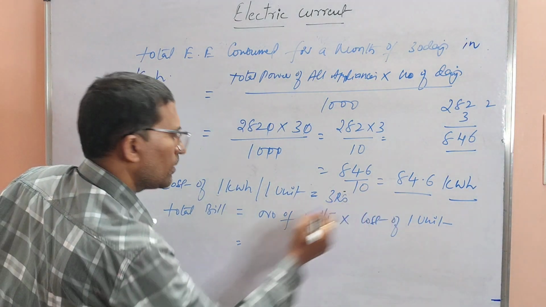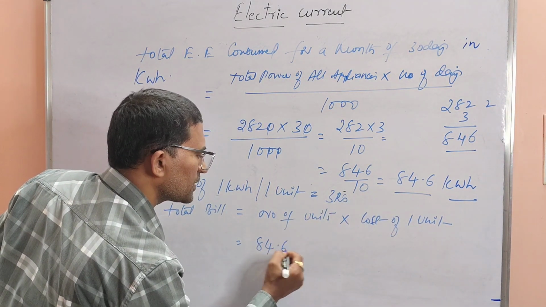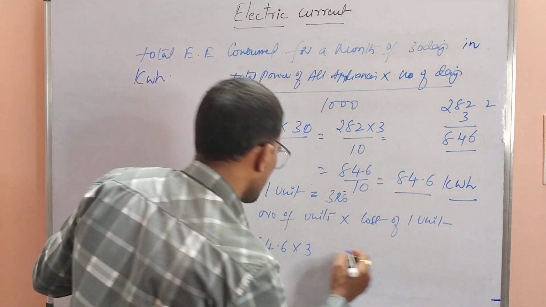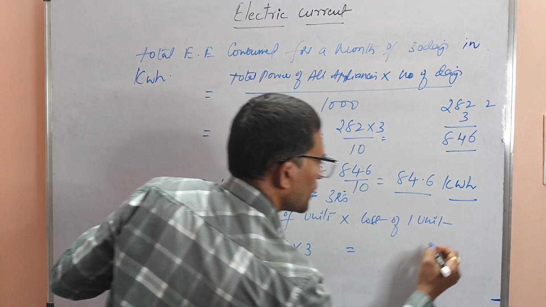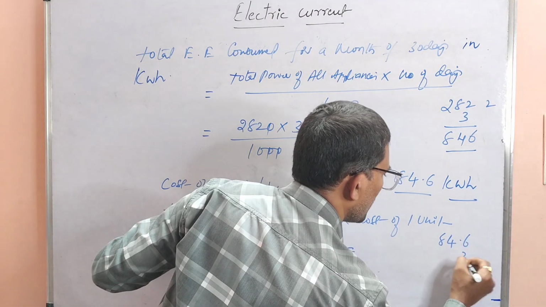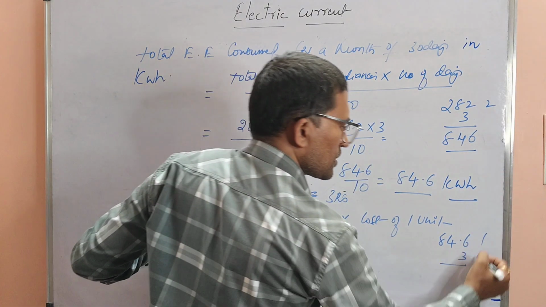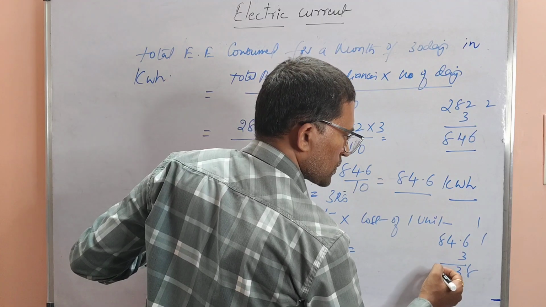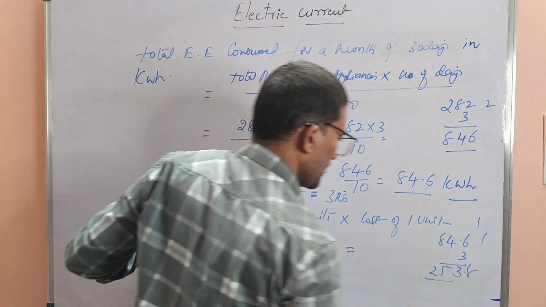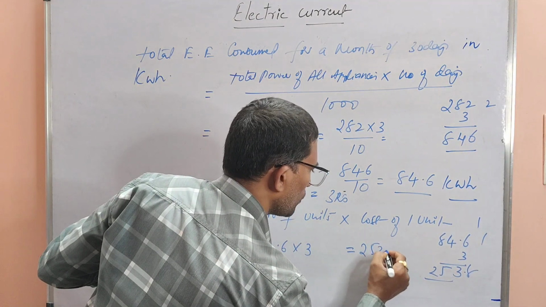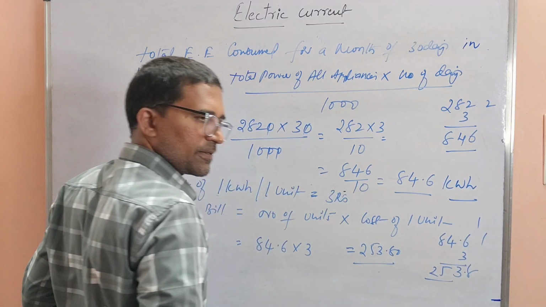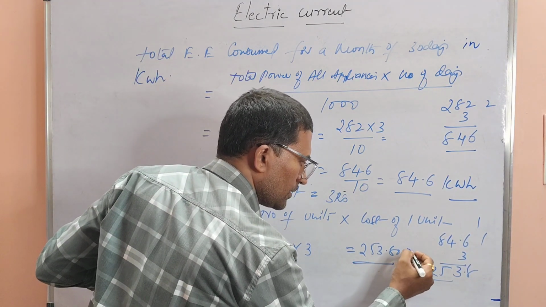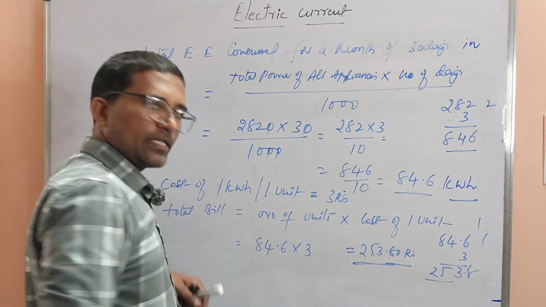Total number of units you got is 84.6 units, into cost of 1 unit, government is charging 3 rupees. Now you multiply these two. 84.6 into 3: 3 6s are 18, 3 4s are 12 plus 1 is 13, 3 8s are 24 plus 1 is 25. That is 253 rupees 80 paise, 253.8 rupees. Is it clear?